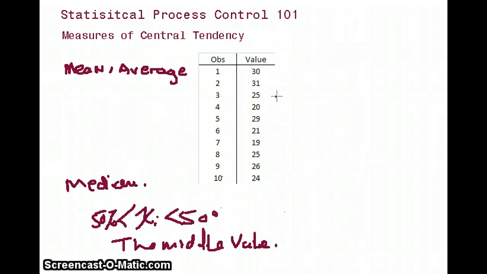Well, a simple way to do it in a small series of numbers is just to start listing the numbers in ascending order. So the smallest number we have is 19. And then the next is 20. And then 21. And then 24.